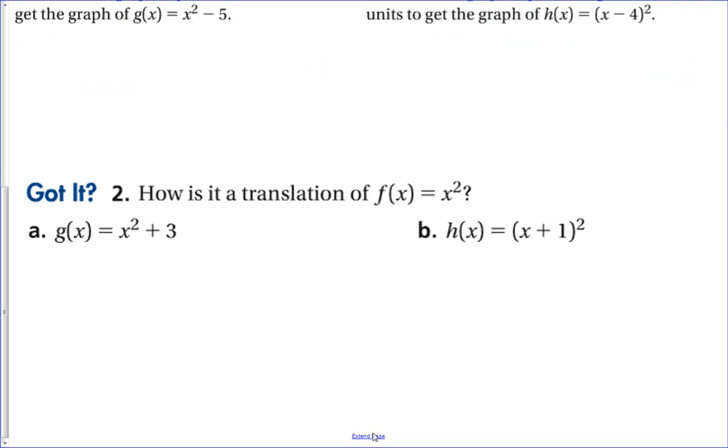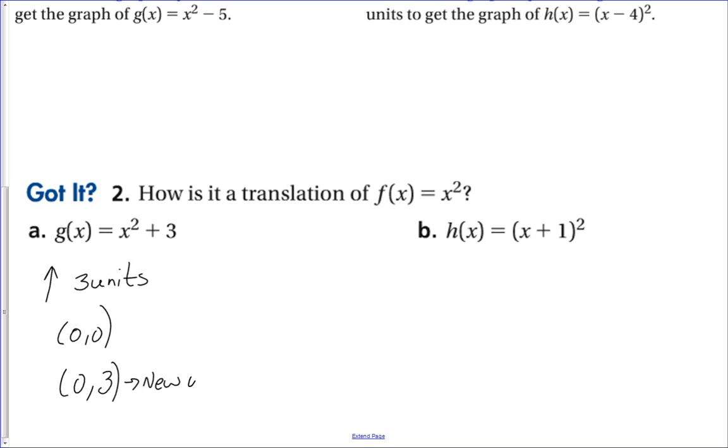All right, so we have x squared plus 3 right here. Since the 3 is added to the entire x squared, that means we're moving up 3 units. So our vertex is going to go from 0, 0. If we move straight up 3 units, our x-coordinate's not going to change, but our y-coordinate is going to change by 3, so our new vertex will be 0, 3.